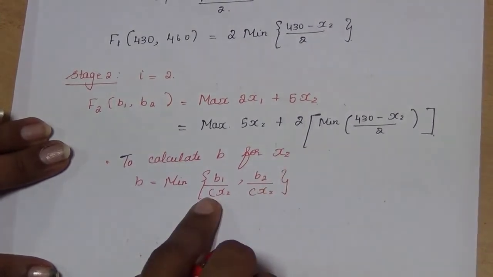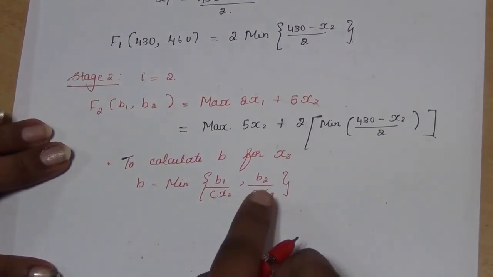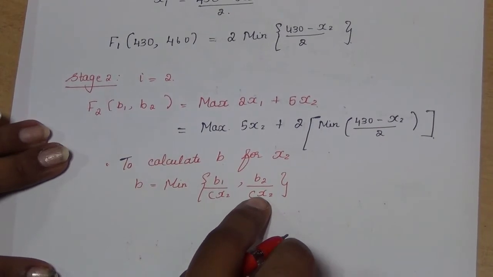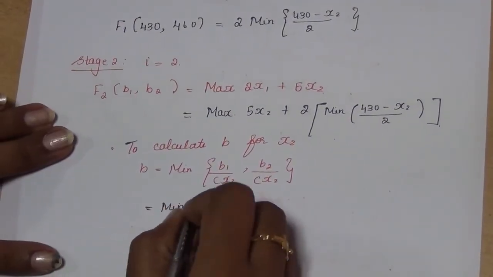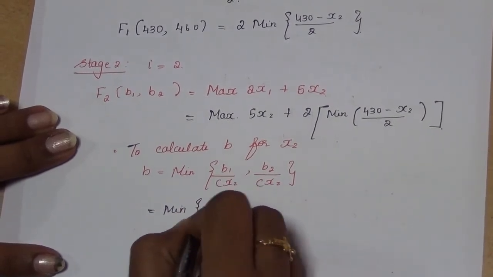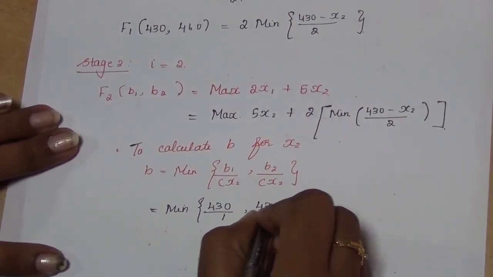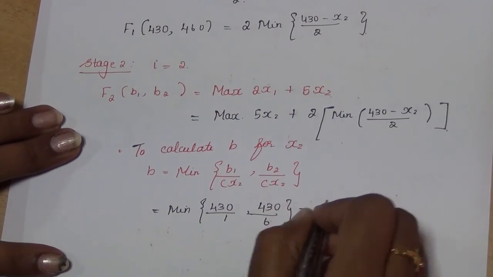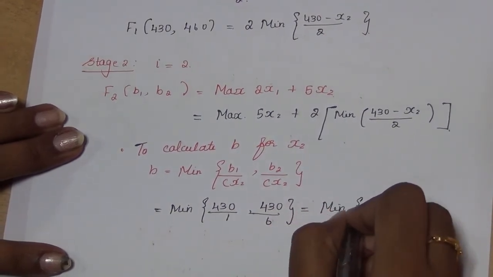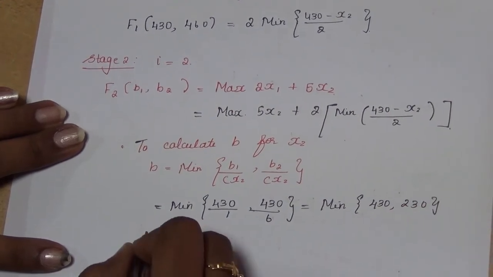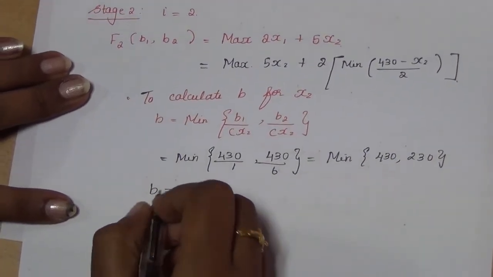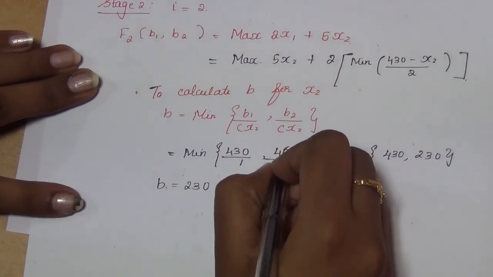This will be the coefficient of x2 from constraint number 1 and the coefficient of x2 from constraint number 2. So this will result in minimum of 430 by 1 comma 460 by 2. By solving this, you will get minimum of 430 comma 230. So the final answer is b is equal to 230. Sorry, this will be 460.